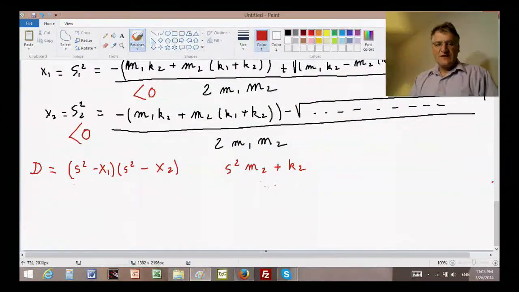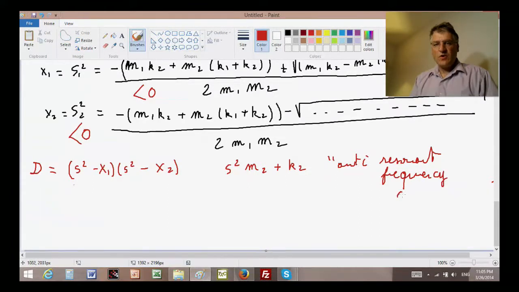Well, this is sort of an anti-resonant frequency, or mode.